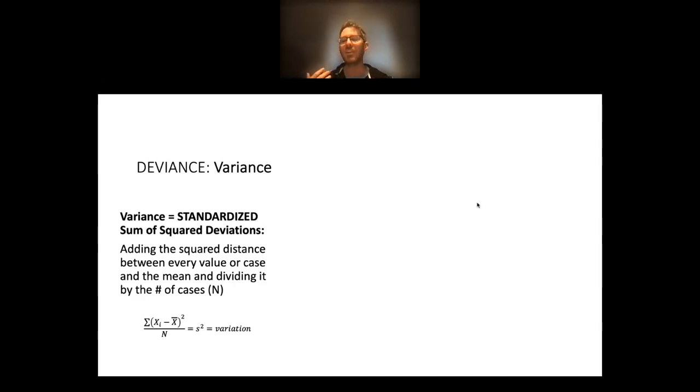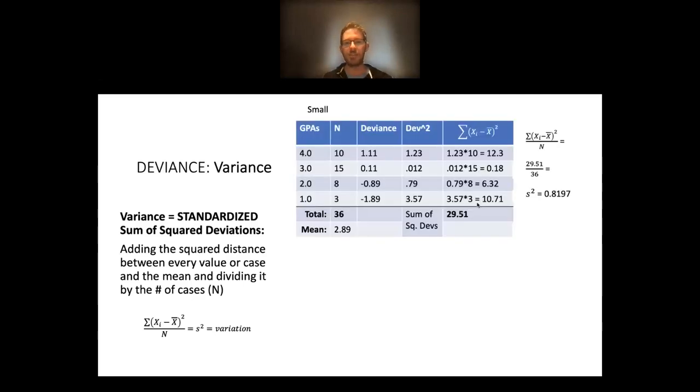It's the same way we get the mean, right? When you add up all of the values and divide by the number of values, that way you can compare between two different averages. This is something similar. So you add up, like we did before, all the squared distances between the value and the mean, and then you divide it by the number of cases.